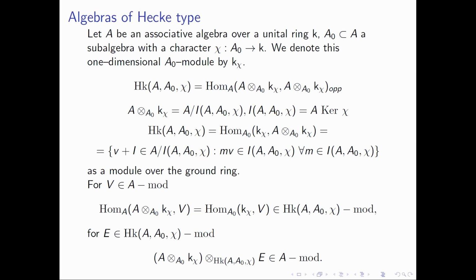Another important class of examples of these algebras comes from the situation when A is the enveloping algebra of a semisimple Lie algebra, either over a field of complex numbers or a finite field. A0 is then the enveloping algebra of some nilpotent subalgebra, which is associated to a nilpotent element, and chi is a character.